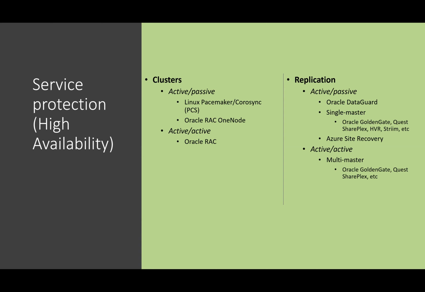It's open source. Oracle has an option very similar to Pacemaker Corosync called RAC One Node. Okay, same thing. They're both active passive options. So there's one active node, one passive one, and so the service fails over from one to the other. Oracle RAC is kind of unique in that it's an active cluster.